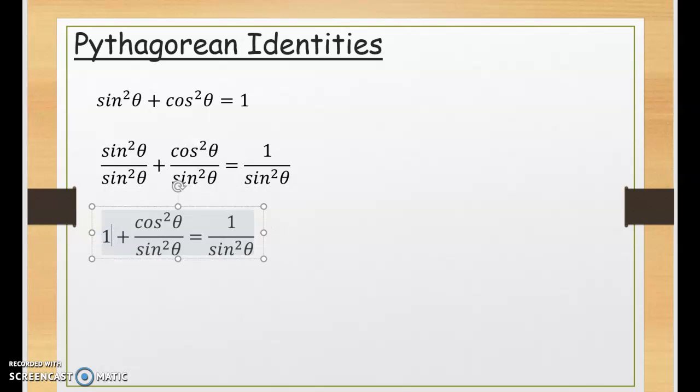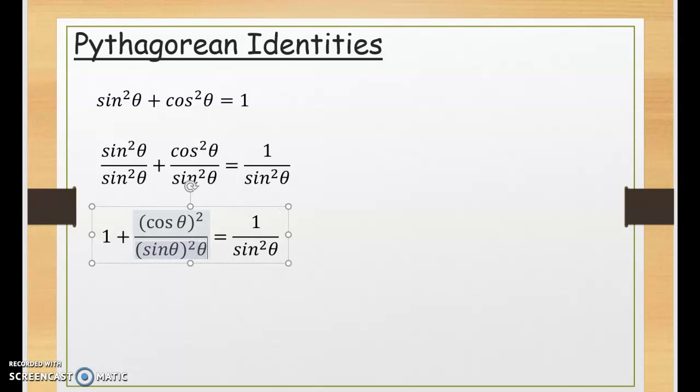Now, cosine squared theta over sine squared theta, according to the exponential property that we just observed on the previous video, can be rewritten as cosine theta squared over sine theta, the whole quantity squared.